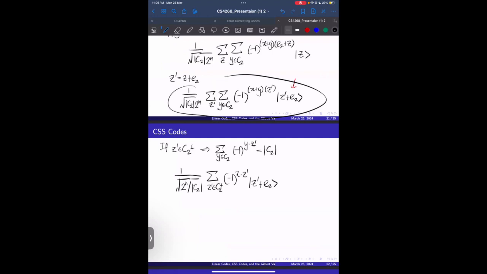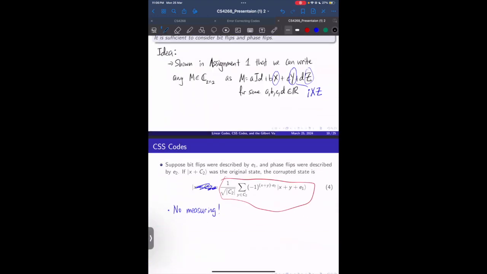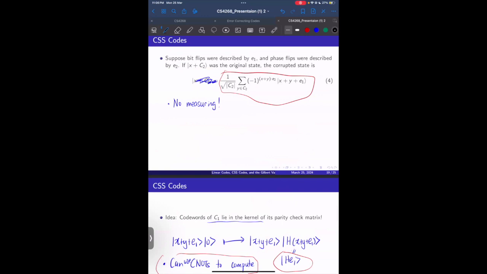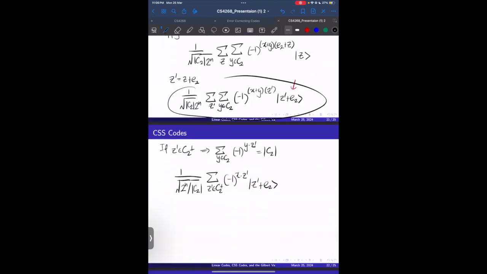And now this looks very, very similar to the state with the bit flip error, right? So what can we do? We can do the same thing as we did before. We just do the same computation and then we calculate the syndrome. So we compute the syndrome.